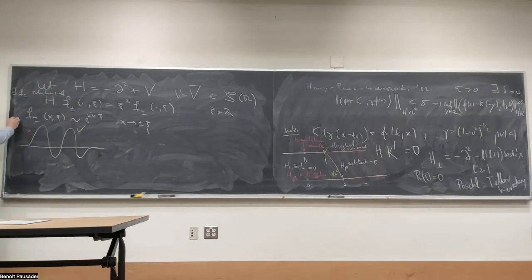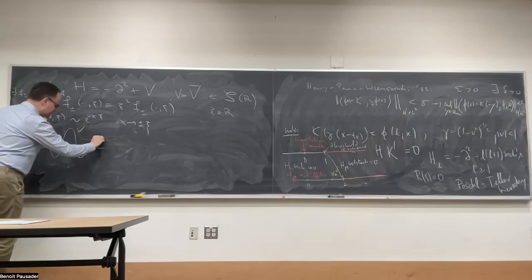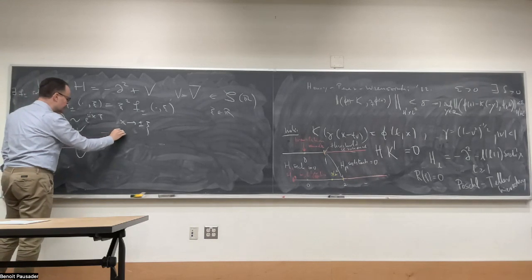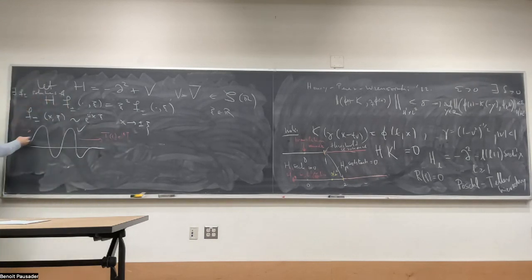So you think of sending in e to the ix psi, then part of it is transmitted, with transmission coefficient T times e to the ix psi, and part of it is reflected, then you get a reflection coefficient times e to the minus ix psi. And then people put an R minus here.